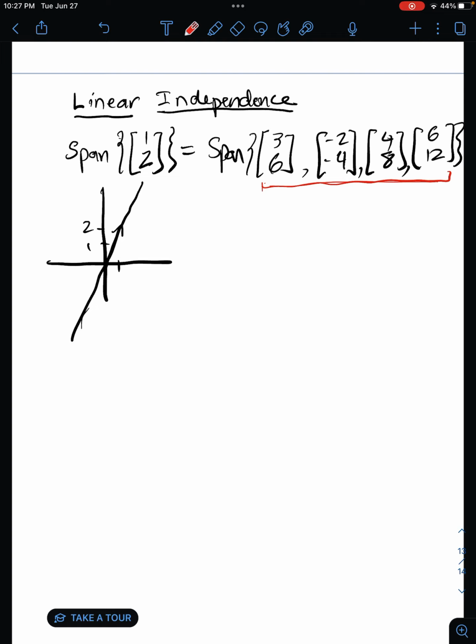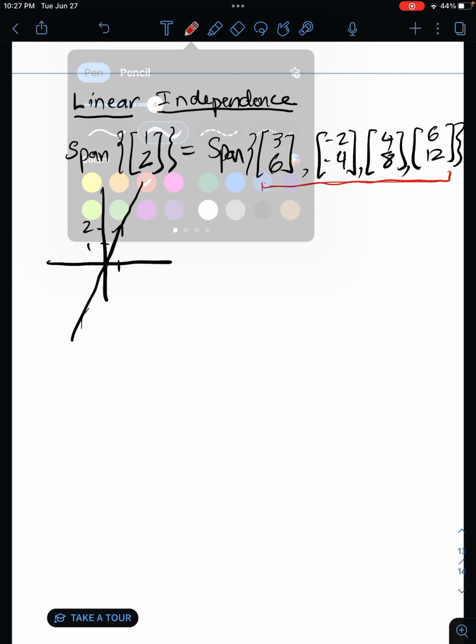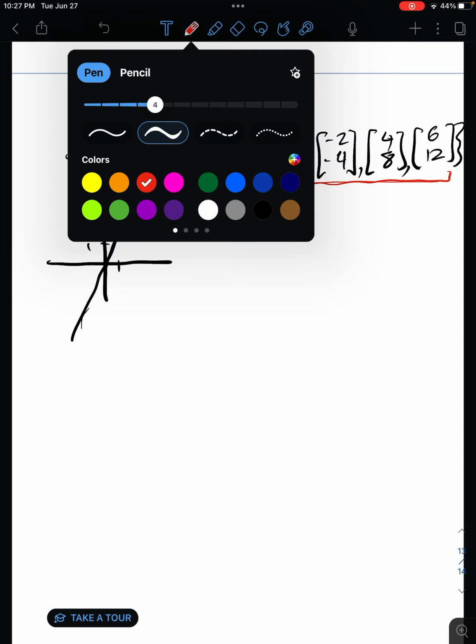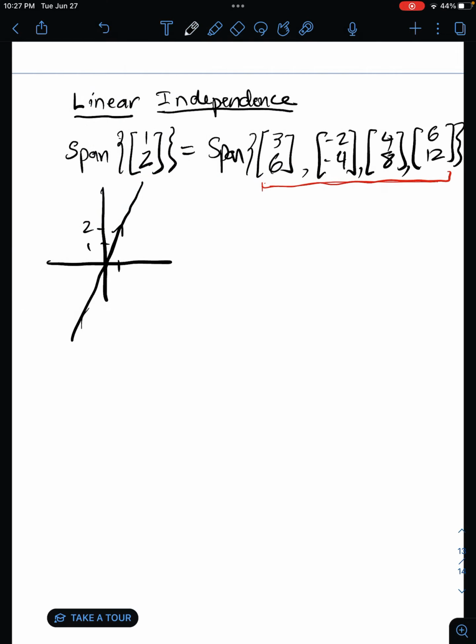Now we're going to go to the definition of linear independence. There are a couple of ways to say what it means for a set of vectors to be linearly independent. I'm going to define it in a different way than is typical. There are really two ways of looking at it, and I'll use the more common definition later.